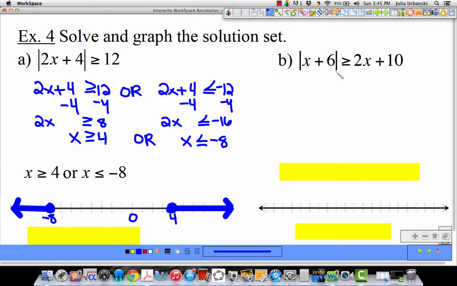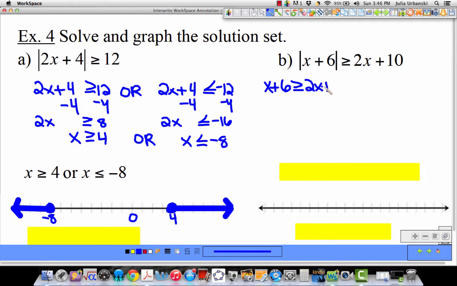And the last one's going to be the trickiest because this x is inside the absolute value bars and this x is not. So you just have to keep in mind you might have to go back and check them to make sure that one of them is not extraneous, or one group of them is not extraneous. So looking at this case, we're going to say x plus 6 is greater than or equal to 2x plus 10.